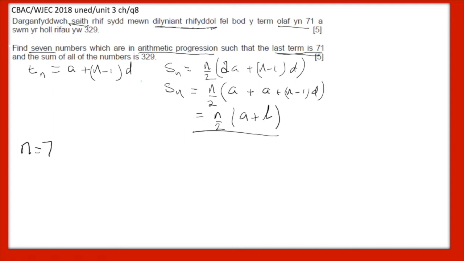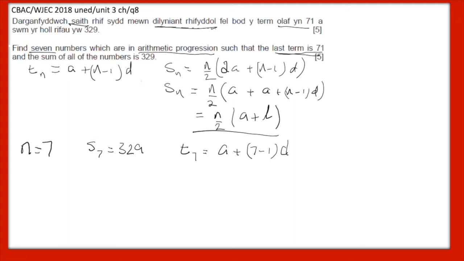I'm not in this particular question going to prove these particular formulae, and I know that my sum to n terms, sum of 7 terms, is going to be 329, and I know that T7 is a plus 7 minus 1 times d.